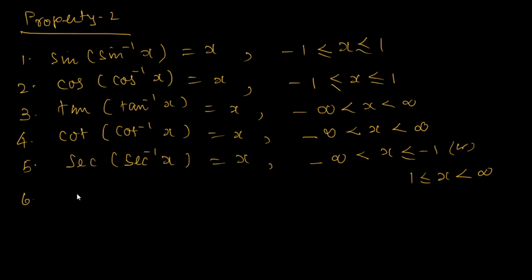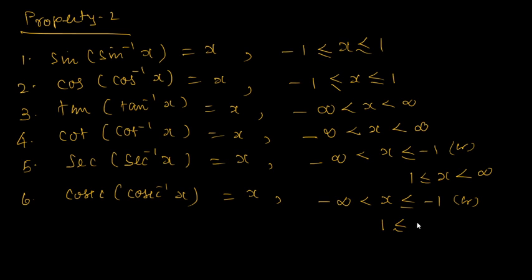Then what is the reciprocal of sine? Cosecant. So cosecant of cosecant inverse of x is equal to x, provided minus infinity is less than x, that is less than or equal to -1, or 1 is less than or equal to x, that is less than infinity. Right?